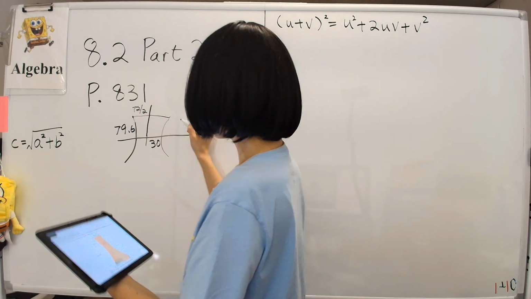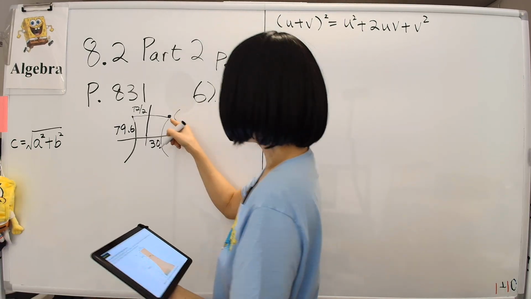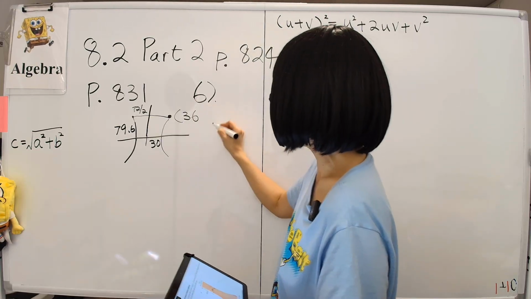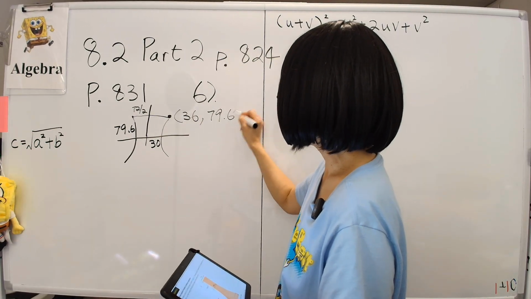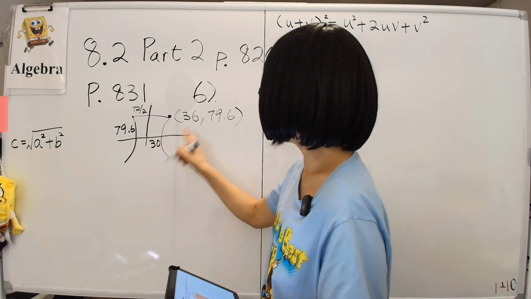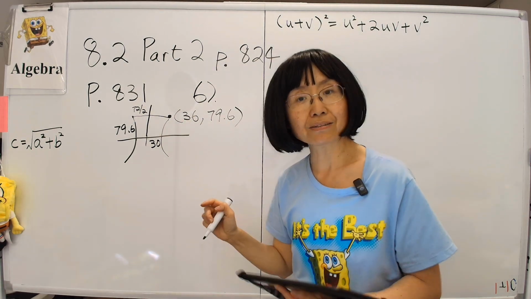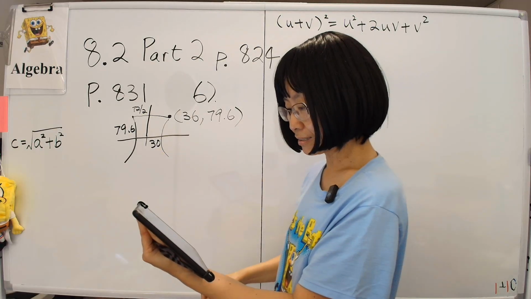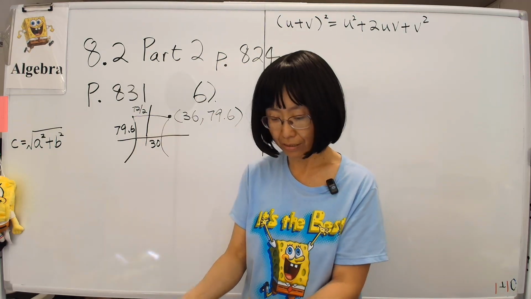I drew it on this side, but what I mean is to draw it on this side. In other words, the coordinate of that point is 36, 72 divided by 2, comma 79.6. That is when x equals 36, y equals 79.6. And then we know what a is, and that's about all we know. It gives us the total height of the thing, which tells us nothing.